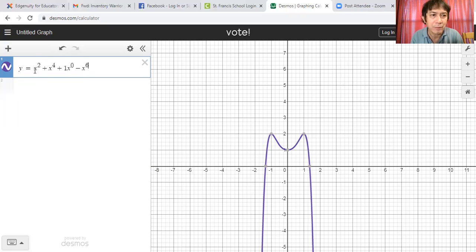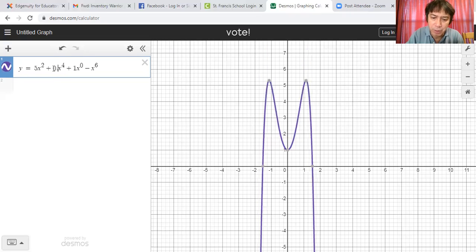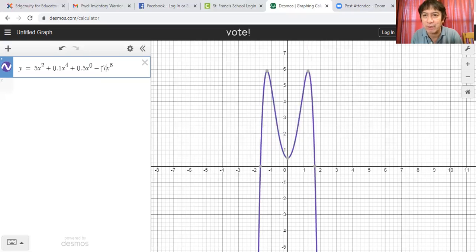You can vary the graph by putting some coefficients there, and the coefficients won't change the symmetry. If you place here 5, or 0.1, or 0.7, it will not change the symmetry, even if you put numerical coefficients.